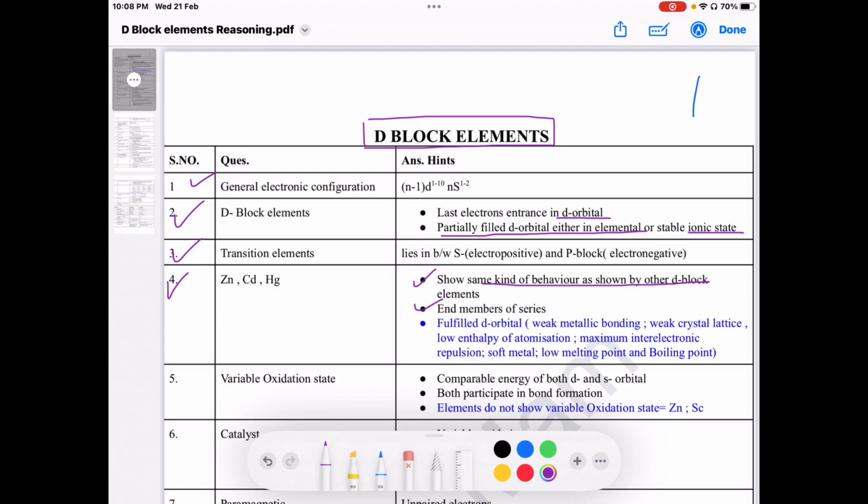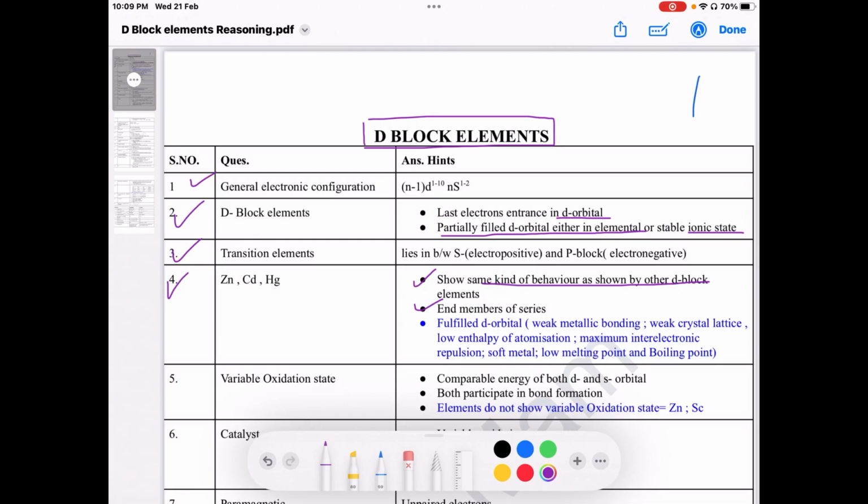So the question is, in spite of having completely filled d configuration, why are zinc, cadmium, mercury considered d block elements? Because they show the same behavior as other d block elements, and they are the end members of the series.